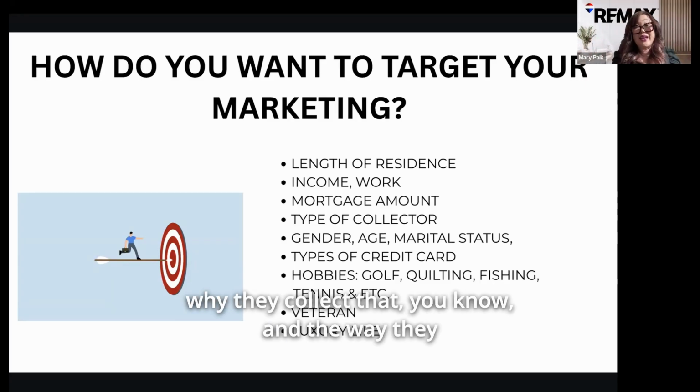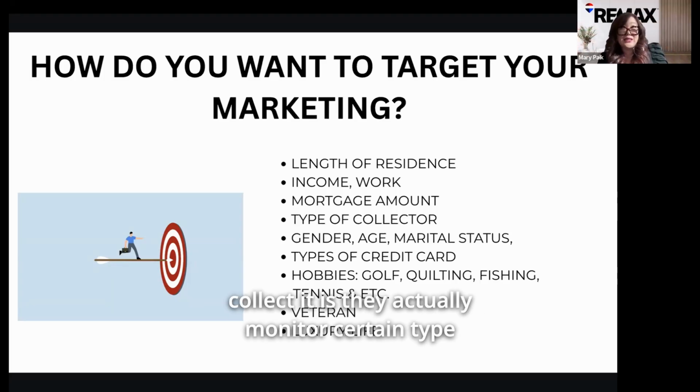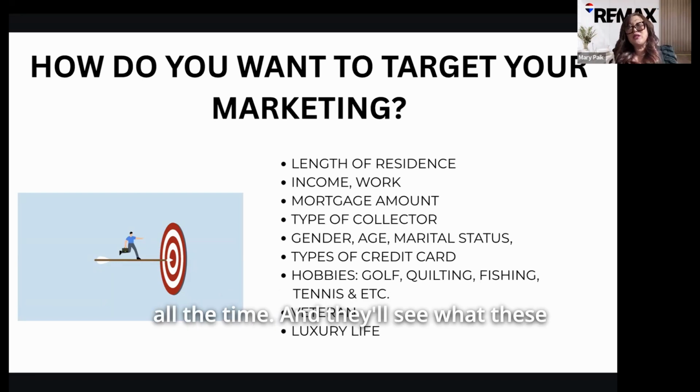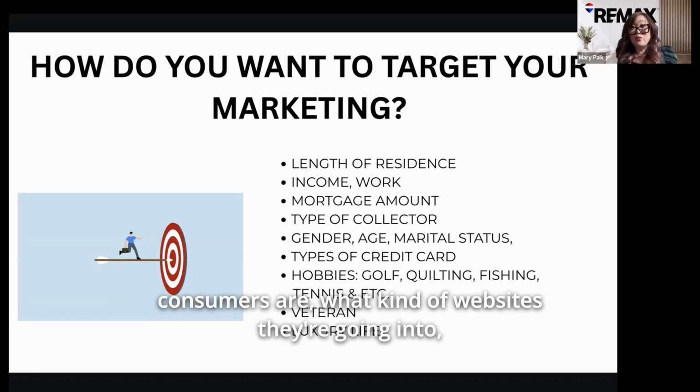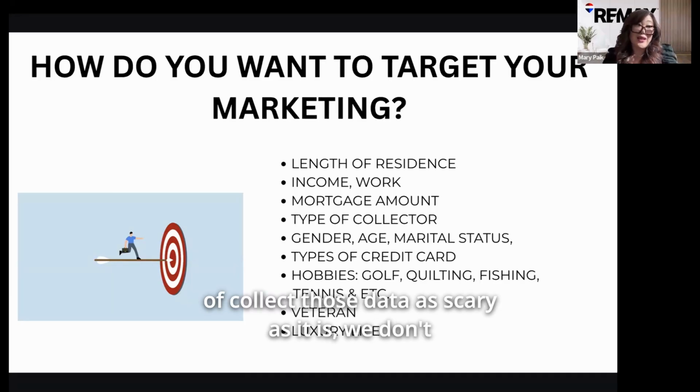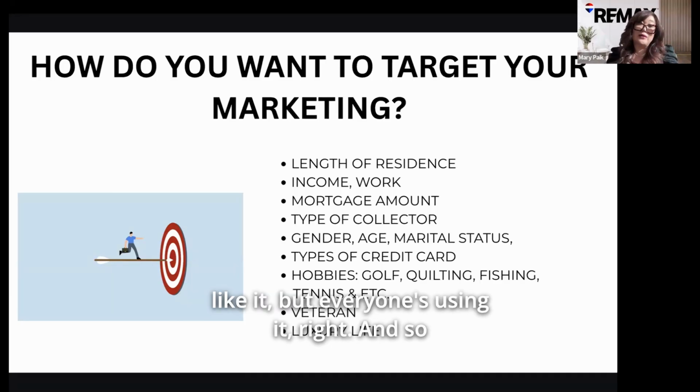The way they collect it is they monitor certain types of activity, as scary as it is. They see what kind of websites consumers go into, what their activity is, and they collect that data. As scary as it is, we don't like it, but everyone's using it, right?